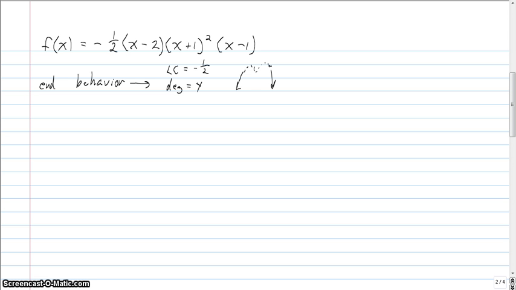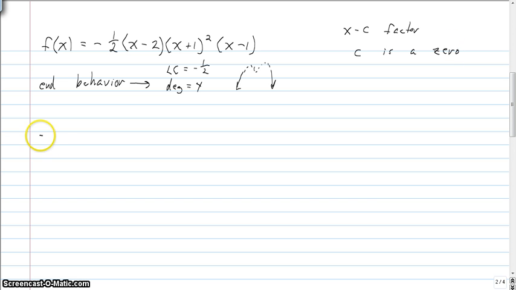And then the other thing we want to look at is the zeros and the multiplicity of each zero. Now the zeros should be pretty easy to see in this case because we can see the factors, right? So if x minus c is a factor of a polynomial, then we know that c is a 0.